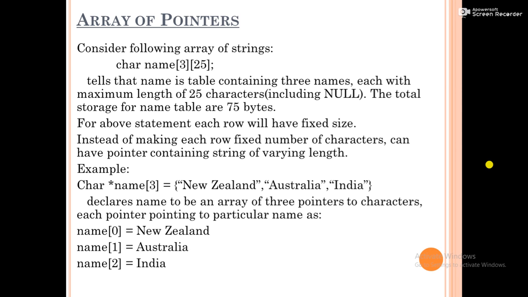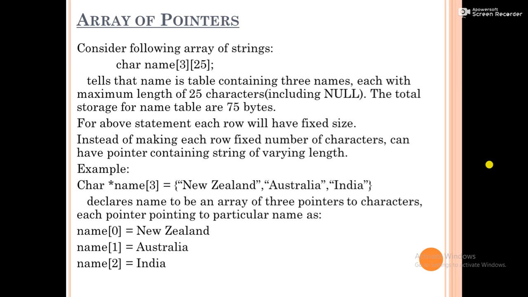So the total size is 75 bytes. Instead of making each row a fixed number of characters, because we are going to store in the first variable New Zealand, the second Australia, and India. So what is the length of New Zealand? It's around 10 characters, right? So it simply wastes the remaining 15 characters, and the second variable containing Australia again wastes the remaining memory locations.